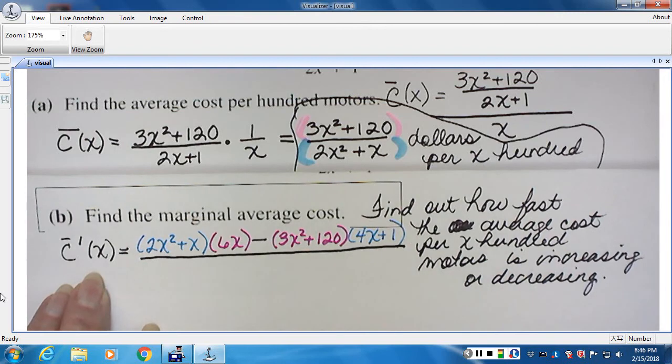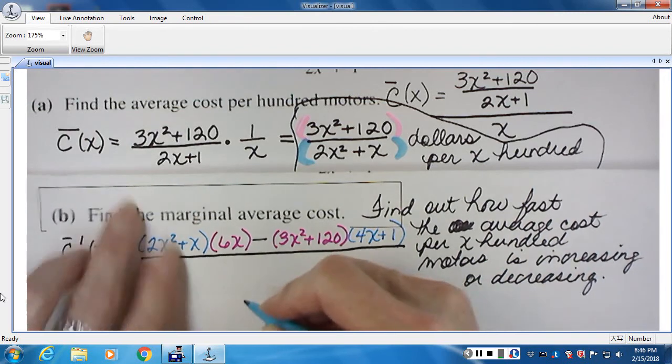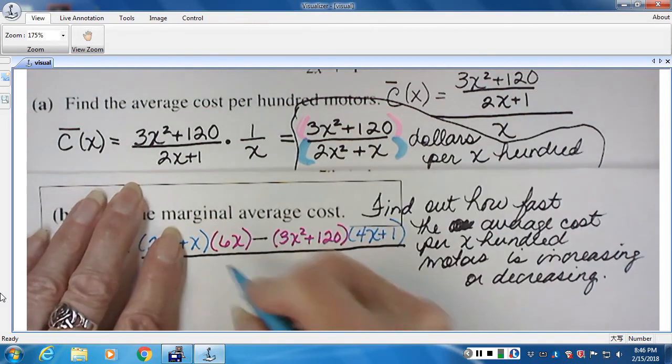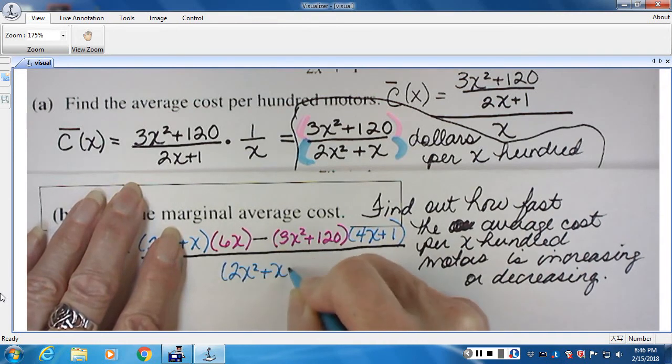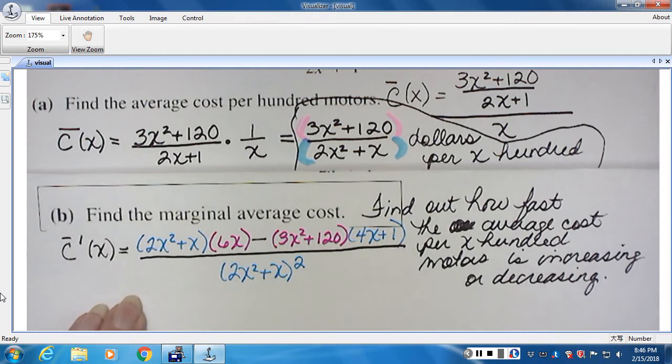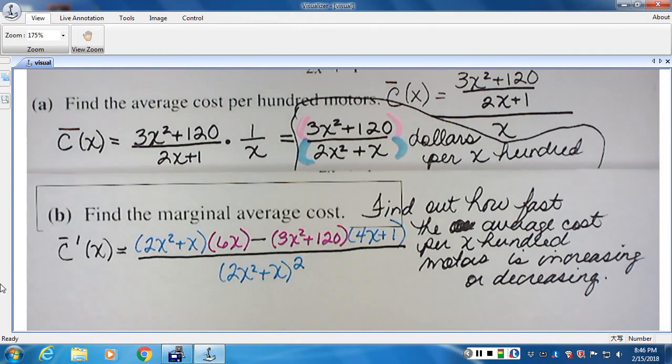And then we're going to divide by the square of the denominator, and the denominator is 2x squared plus x, and that quantity is squared. And at that point, cleaning it up is optional.